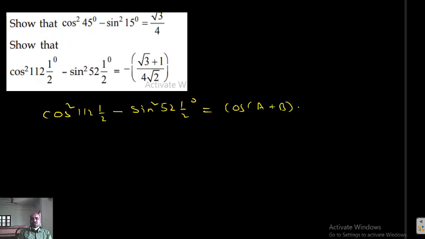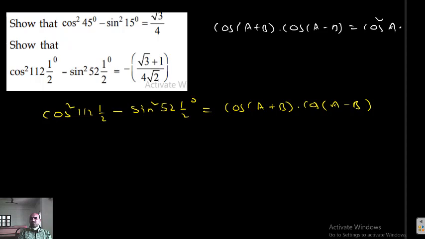Next example. Here two examples are there, and I want to explain the second one. Cos square 112 half degree minus sin square 52 half degree equals cos of a plus b into cos of a minus b, because you already know that cos of a plus b into cos of a minus b equals cos square a minus sin square b.